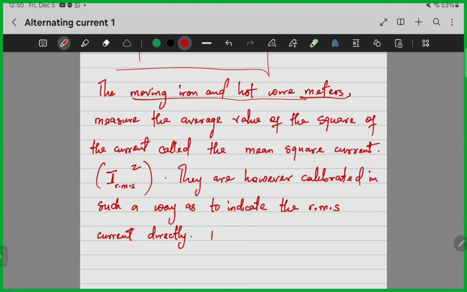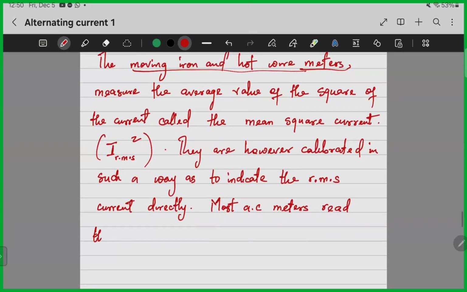So most AC meters read the effective or RMS values.